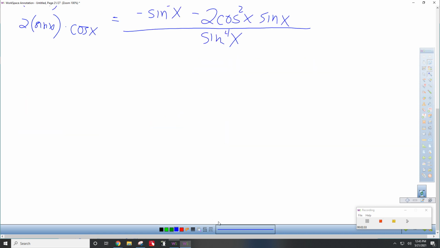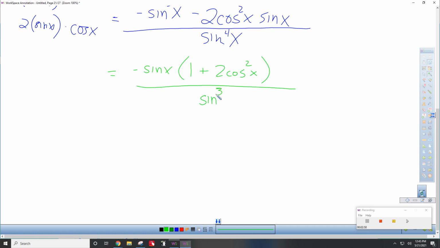Okay, so now notice we can factor out a sine of x and you're left with 1 plus 2 cosine squared x all over sine, well, to the 4th.